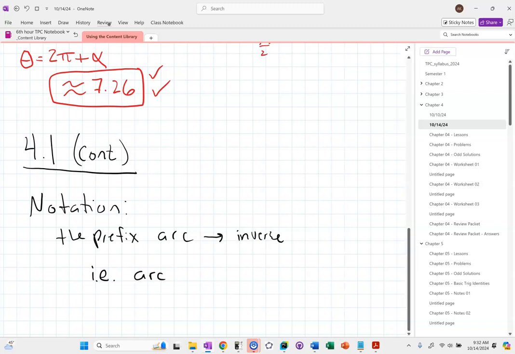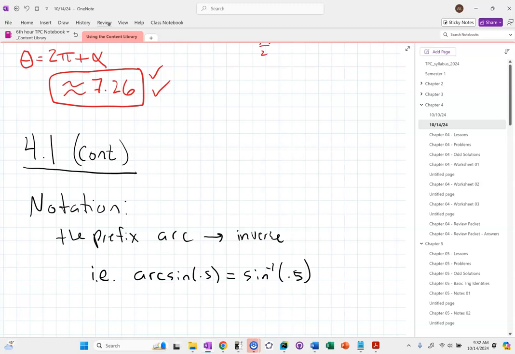So if I write arc sine of 0.5, that is the same thing as sine inverse of 0.5. It's just a different notation. You'll probably see that in the homeworks at some point. Everybody's okay with that? It's just another notation.